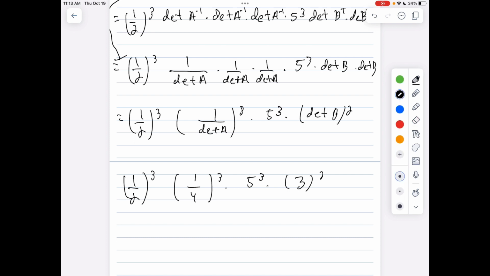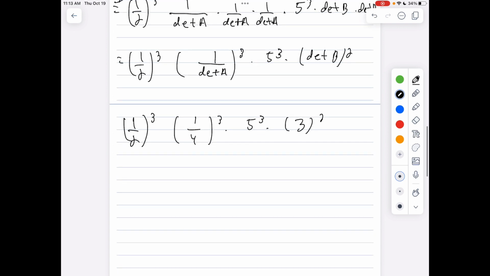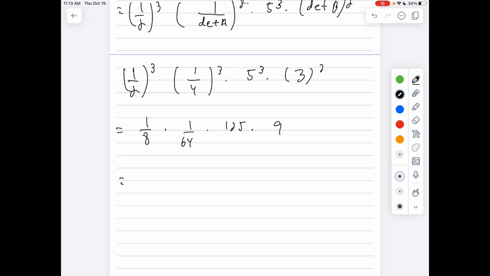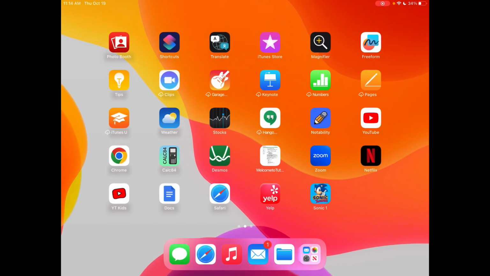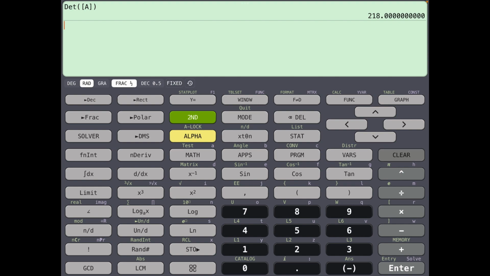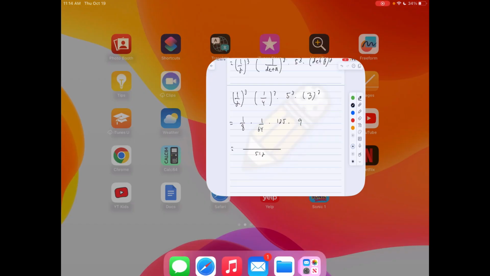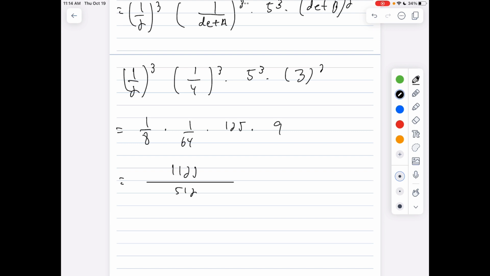The last step is just to put in the determinants of A and B individually. And this would be 1/8 times 1/64 times 125 times 9, and whatever that comes out to be. I think this would be 512, and then 125 times 9, let's see here, 1125. Okay, and that would be it right there.